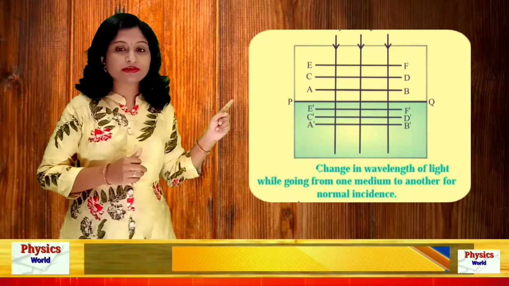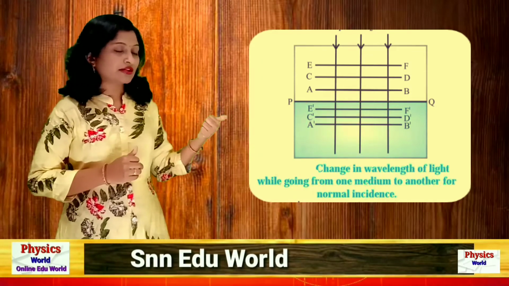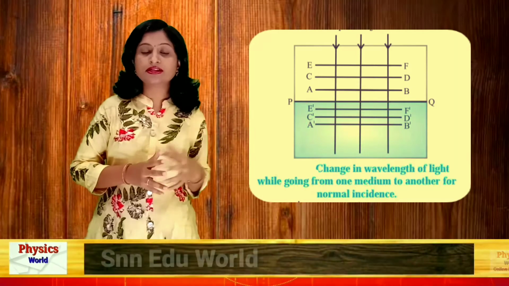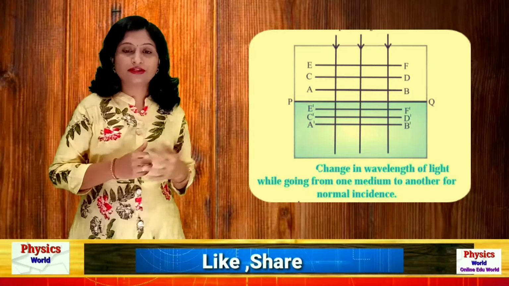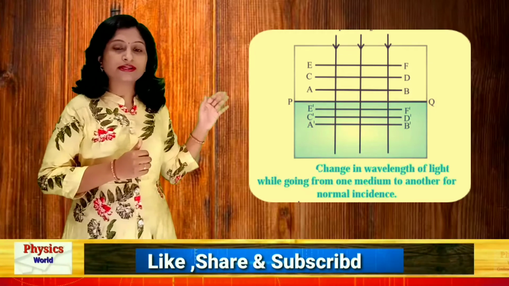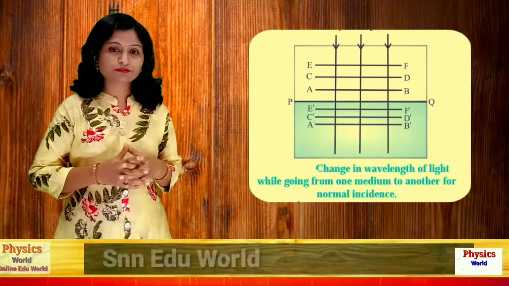So A dash, B dash, C dash, D dash, E dash, F dash, these are the refracted wavefronts of those rays. Okay, so upper wavefront get refracted and in the downward side we have shown that with the dash.